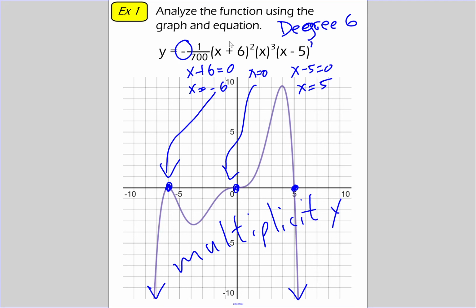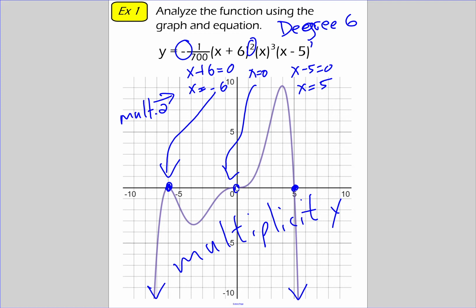So we can see that the exponent on our binomial tells us the multiplicity. So x equals negative 6 is a zero with multiplicity 2, and x equals 0 is a zero with multiplicity 3. Multiplicity 1 we don't really say; we only talk about multiplicity when there's more than one.